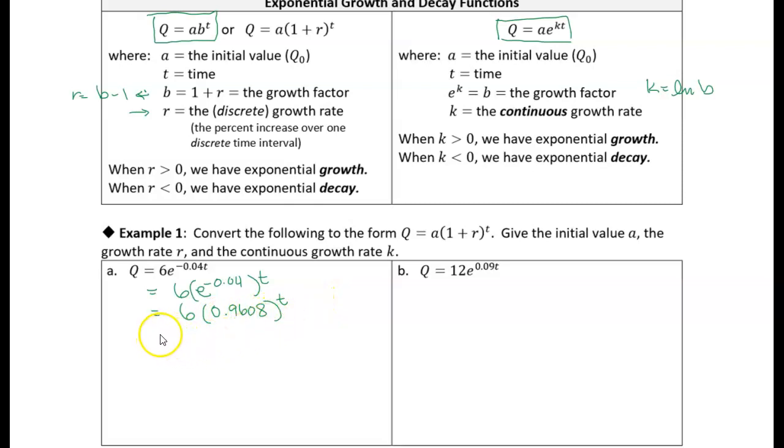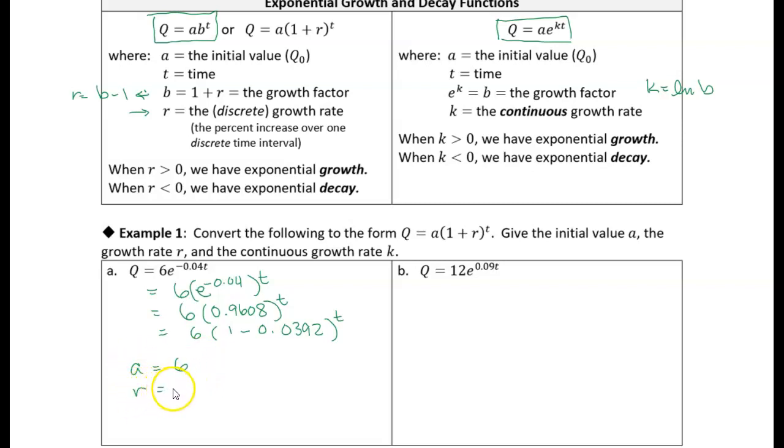Now if we want it in the 1 plus form, we could rewrite it as 6 times 1 minus 0.0392, which would give us the 0.96, all to the t. So you can see we have decay in this case, and our r is negative. And we're asked to find the initial value a. Well, that's easy enough: a is just 6.